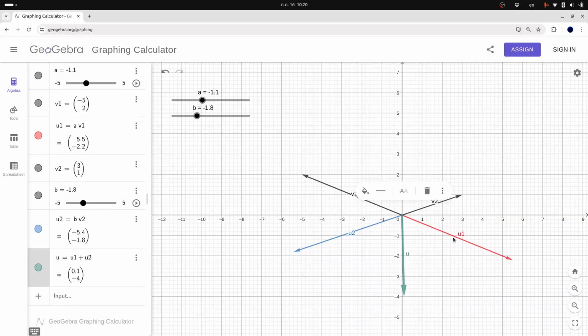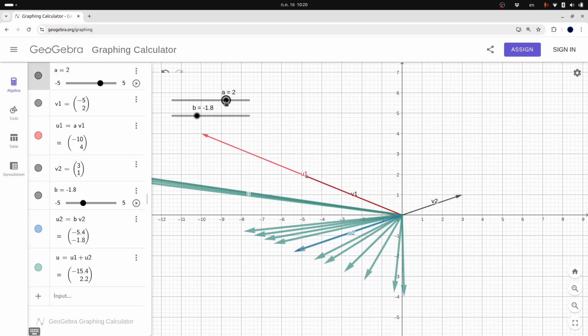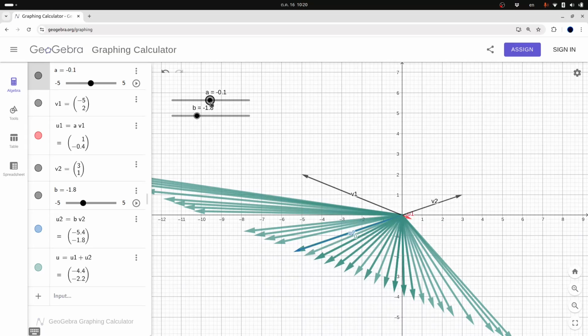Let's do it again. Do you see where the points are? The points look like a straight line, right? And it goes through this. Now I want the vector to go up, so let me change b a little bit to be positive.